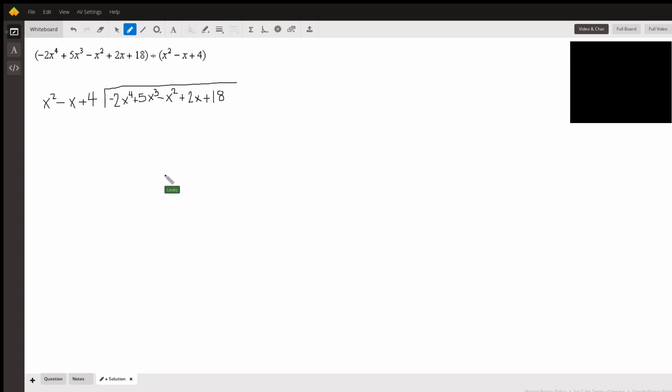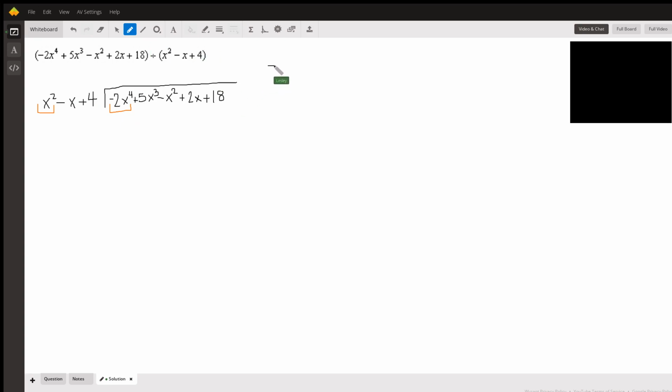So I started by writing this equation in long division notation. This is the long division notation where x squared minus x plus 4 is on the outside and the longer portion is on the inside of the box. We're going to start this long division by looking at the first exponent value of each expression and dividing those.